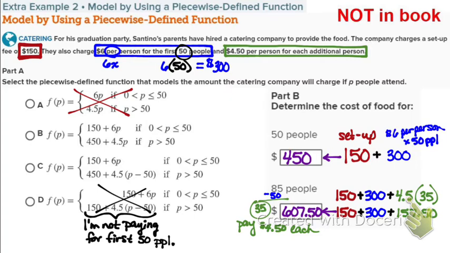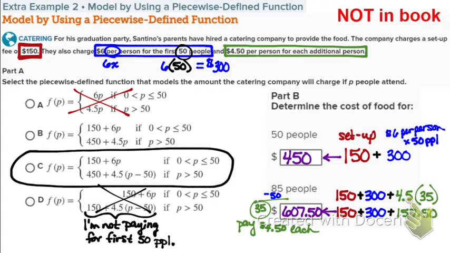So I take 50 away like we did right there, and then I know how many people I'm paying $4.50 for. So option C is the correct answer here. This one is saying it is only $4.50 for every person.